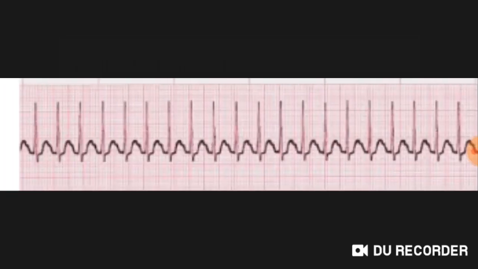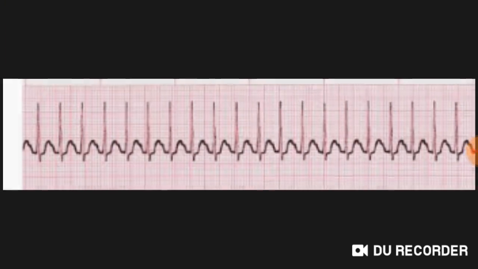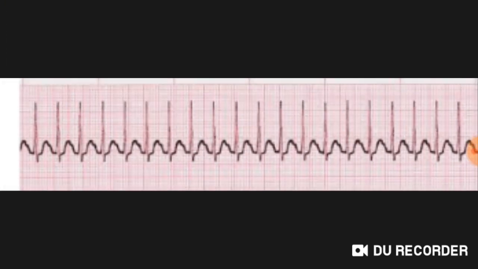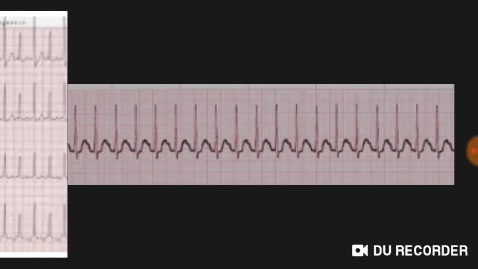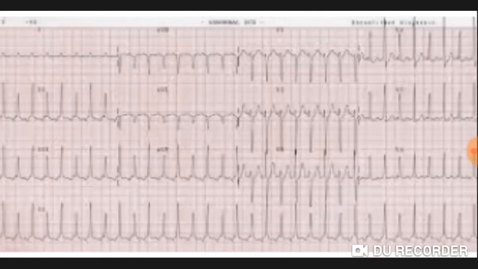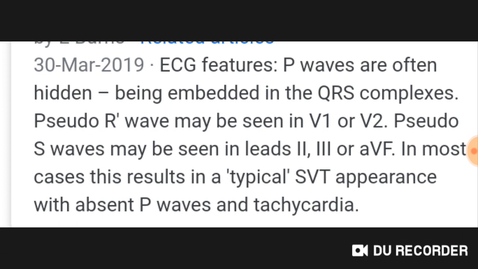Remember this ECG. Now, what is this? This is also tachycardia, but what tachycardia? This is supraventricular tachycardia. Supraventricular tachycardia looks like this on ECG. P waves are often hidden, being embedded in the QRS complex. Pseudo R waves may be seen in V1 or V2.